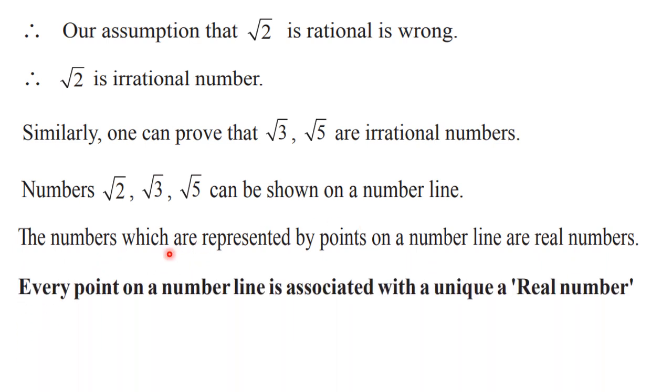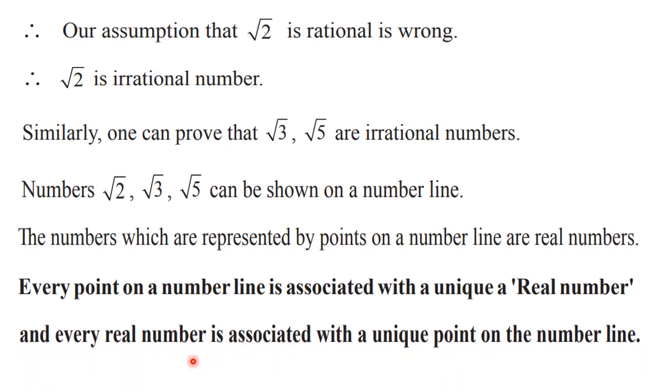As I have discussed previously, every point on the number line gives us a rational number or it can give us an irrational number. The numbers which we are showing by points on the number line are all real numbers, and therefore every point on the number line is associated with a unique real number, and every real number can be represented on the number line.